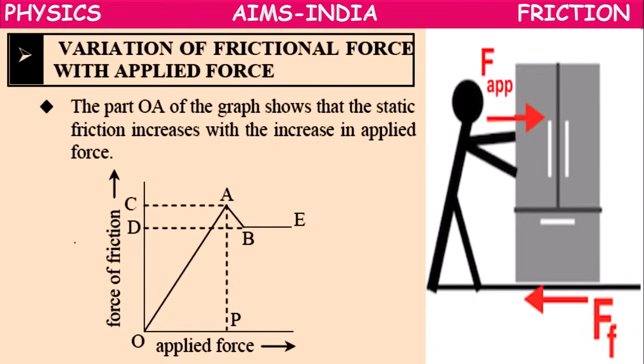So a variation between applied force and frictional force. First applied force will increase, along with that frictional force also will increase up to one maximum extent. After that, frictional force will decrease. After that, it will become constant.